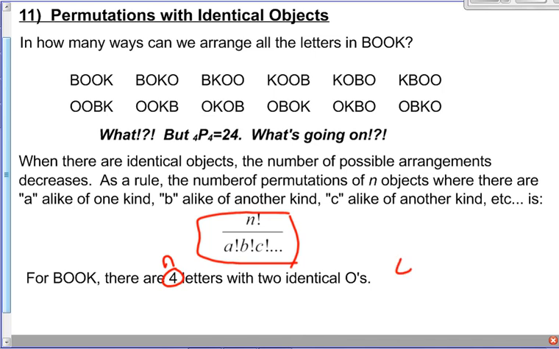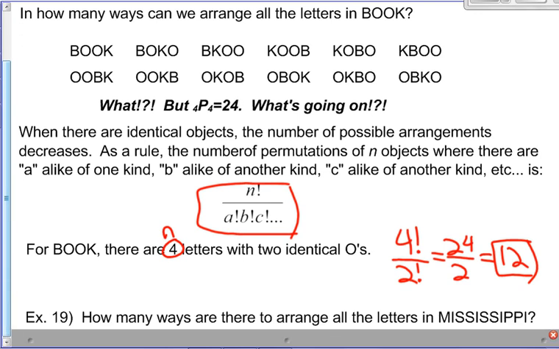So we go 4 factorial, but there are 2 identical O's. If I work that out, I know that 4 factorial is 4 times 3 times 2 times 1, so that's 24. And 2 factorial is 2. That gives us our 12 possibilities.